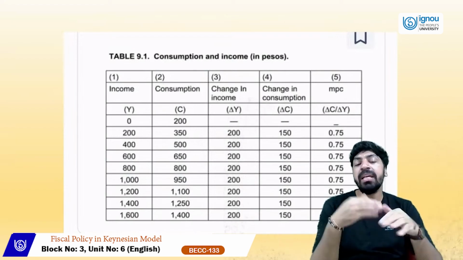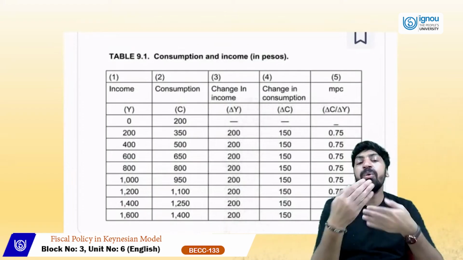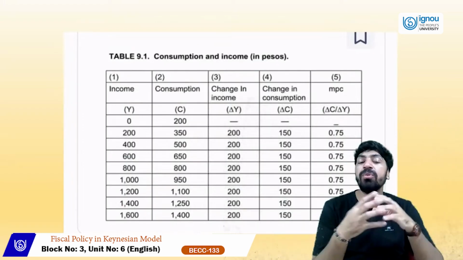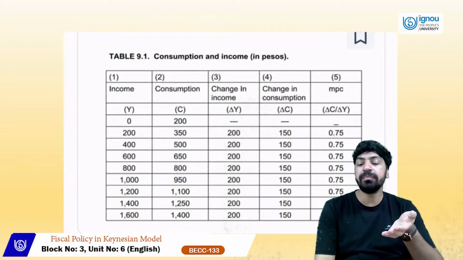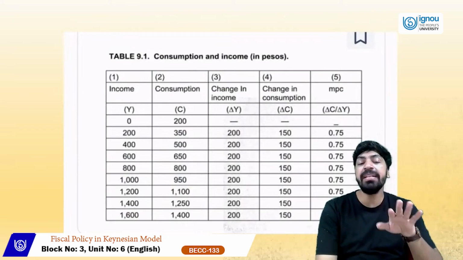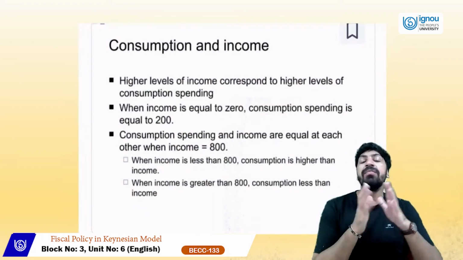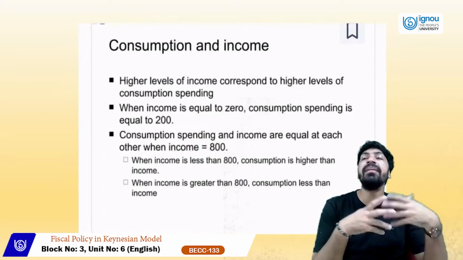If any income is less than 800, the consumer buys more and more units of goods and services, or more and more quantities of goods. When the income is less than 800, consumption is higher than the income.